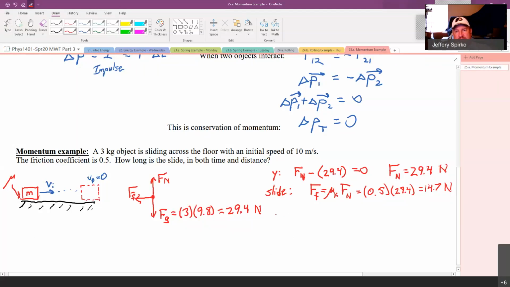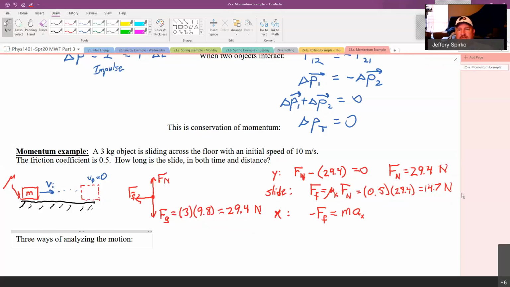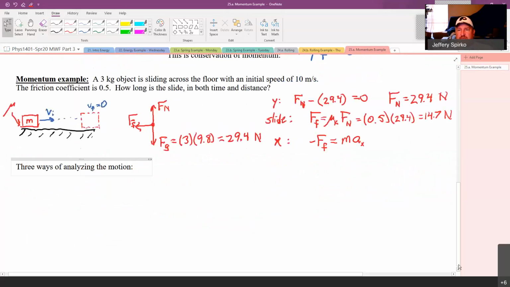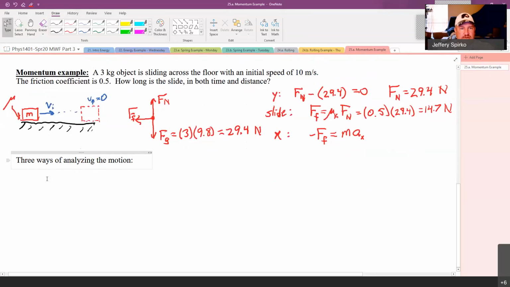And then we have the x direction, which is minus force friction is equal to mass times the acceleration x component. And that gives us 3 ways of analyzing the motion.